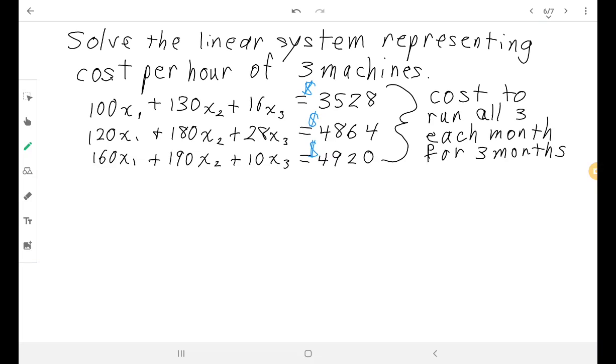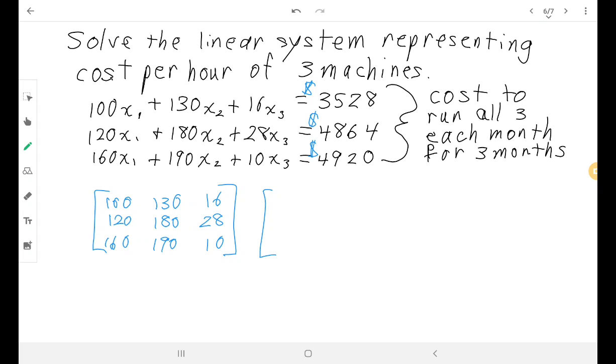All right, and then you set up matrix A the same way. 100, 130, 16, 120, 180, 28, 160, 190, and 10.